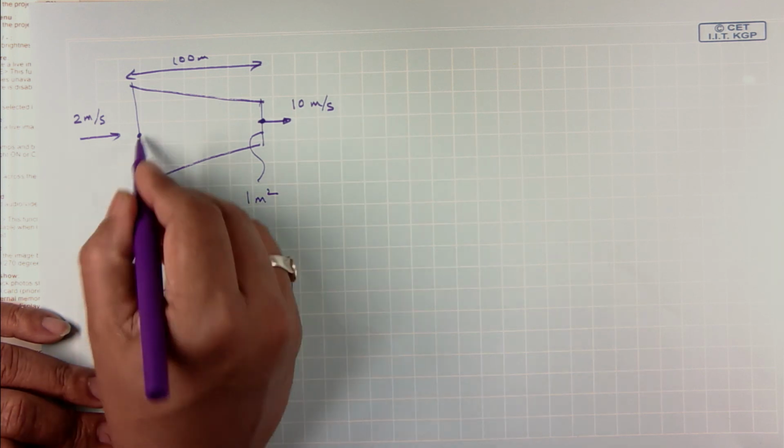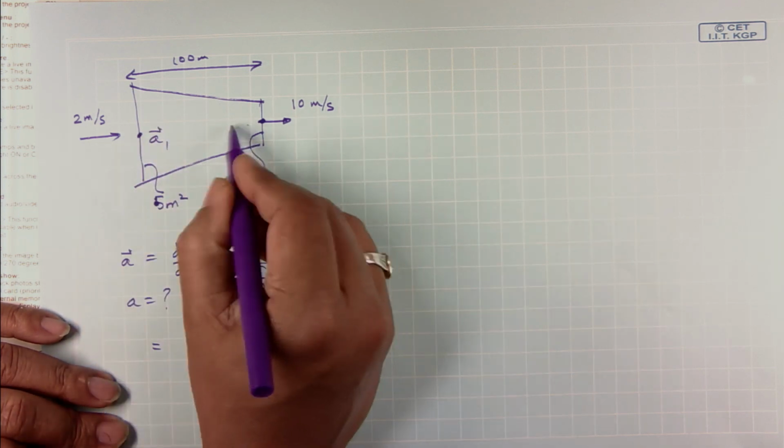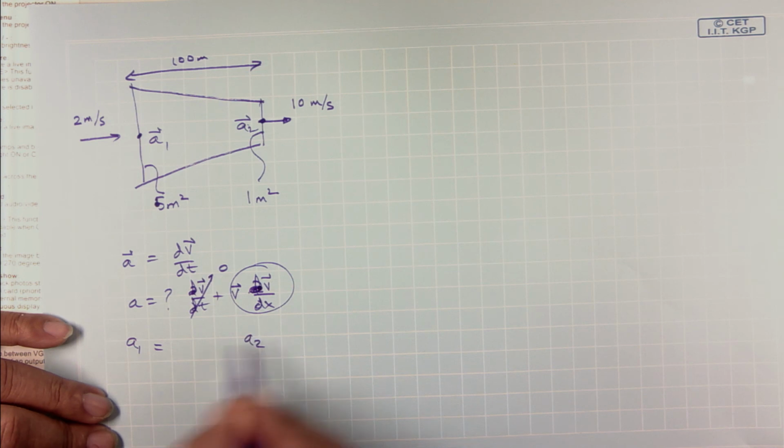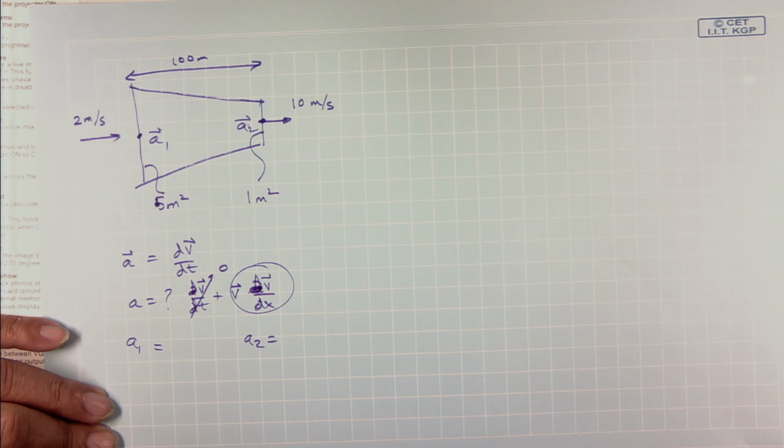Is the acceleration at this location and the acceleration at this location the same? Tell me a number. So what is A1 and what is A2? Hundred meters, yes.